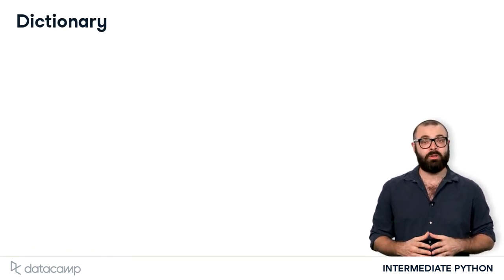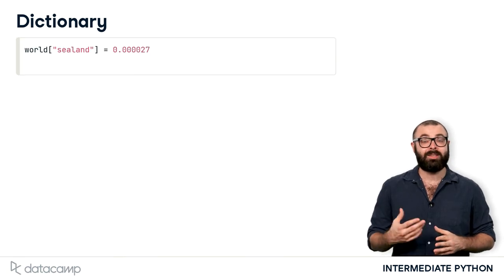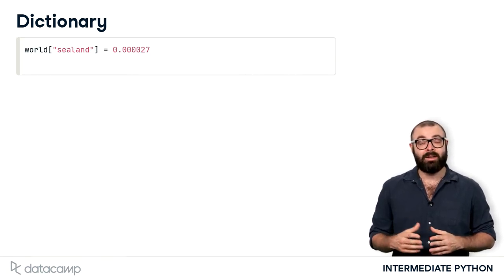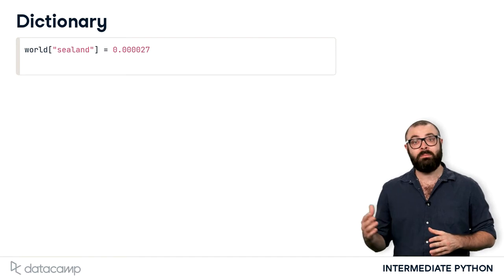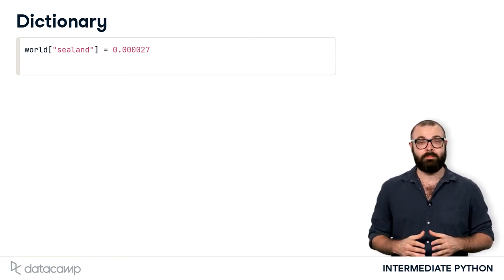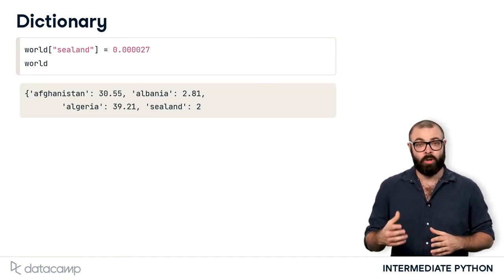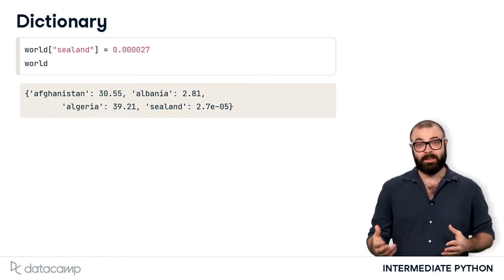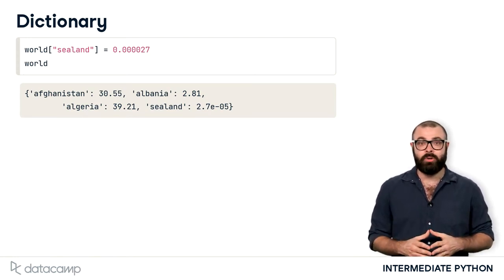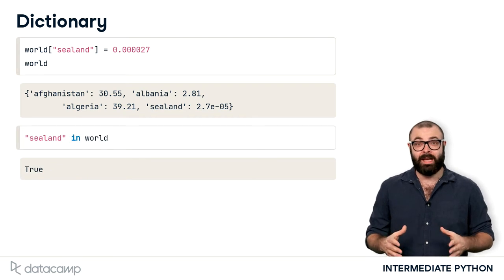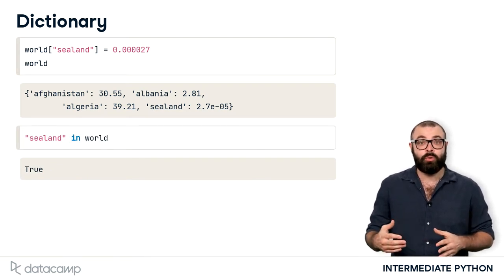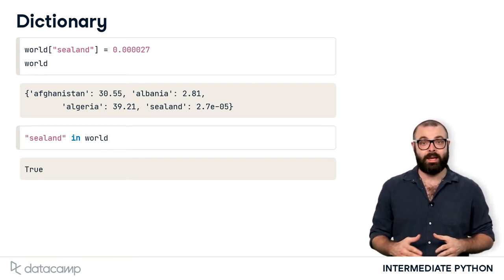To add this information, simply write the key Sealand in square brackets and assign 27 expressed in millions to it with the equals sign. If you check out world again, indeed, Sealand is in there. To check this with code, you can also write Sealand in world, which gives you True if the key Sealand is in there.